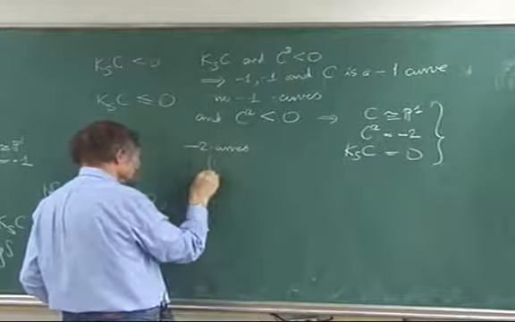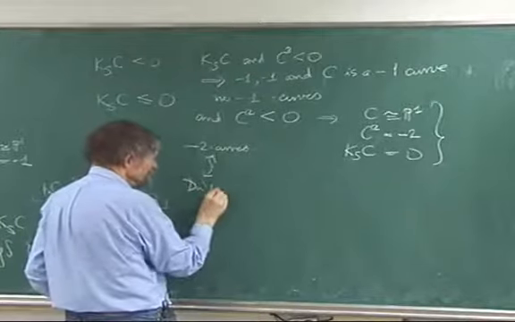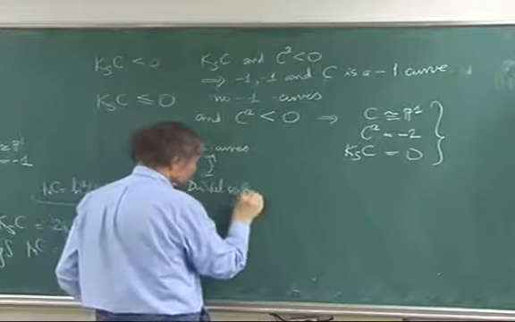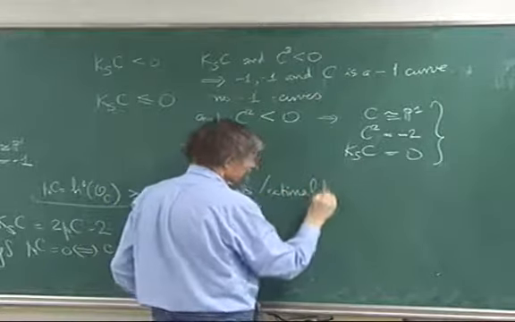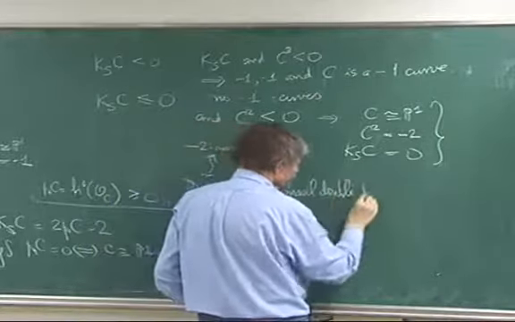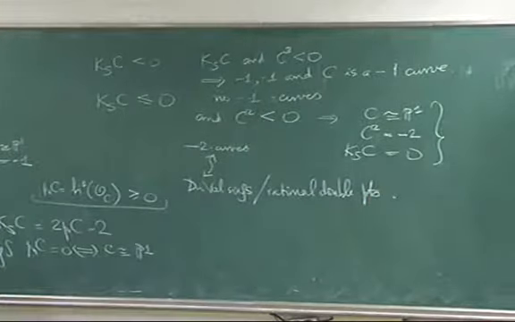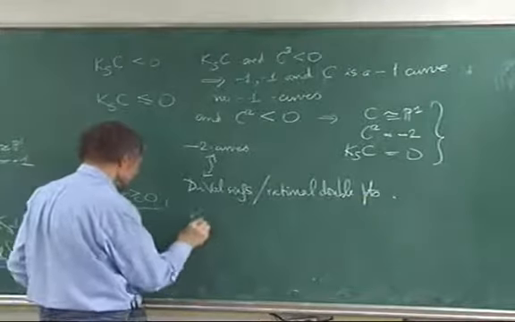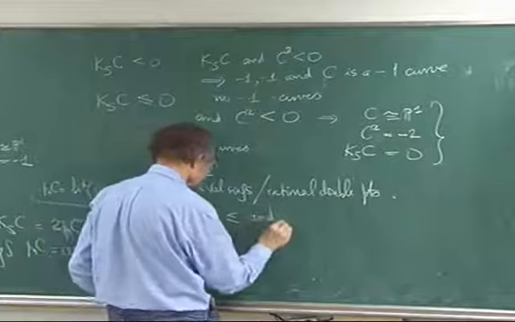So they're going to correspond later to Du Val singularities, or rational double points. So what happens if Ks times C is less than or equal to 0 and C squared is positive?